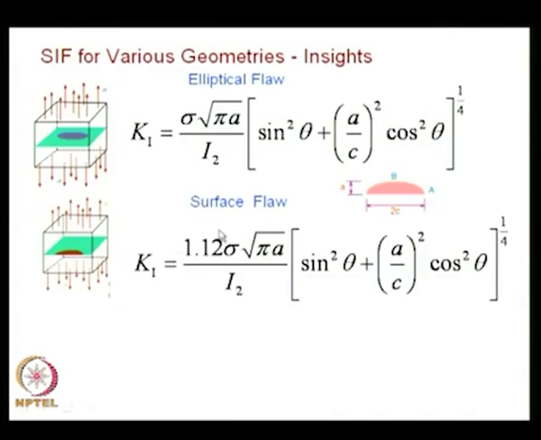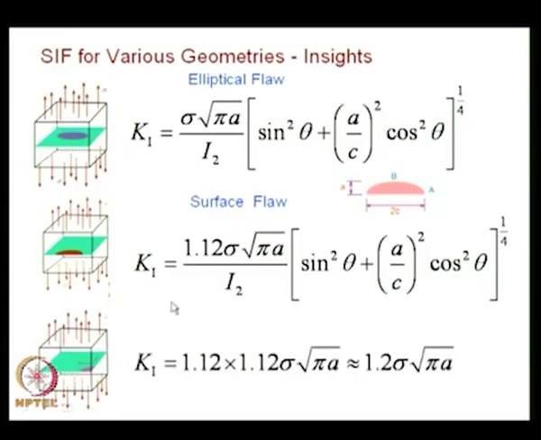So, you have a factor 1.12 coming into the picture. Then we have also looked at a corner crack. So, from this starting point, people have arrived at solutions for various other crack geometries, and whatever conclusion they have arrived at is supported by experimental observation.